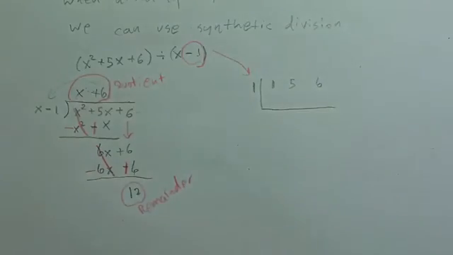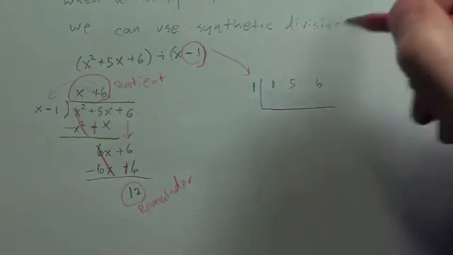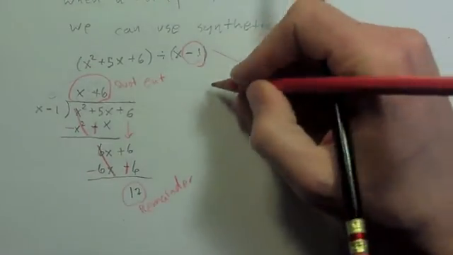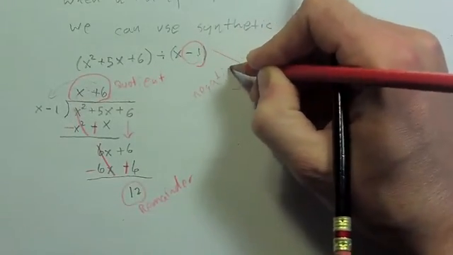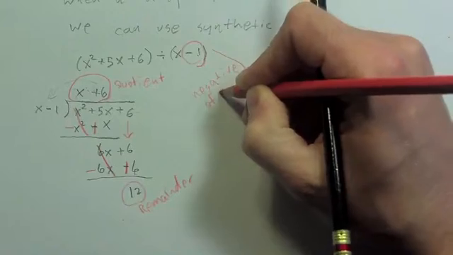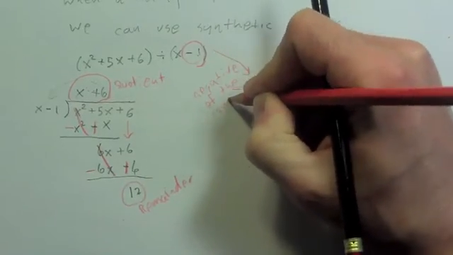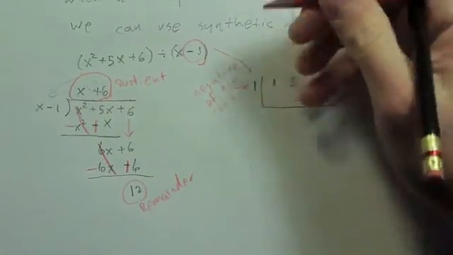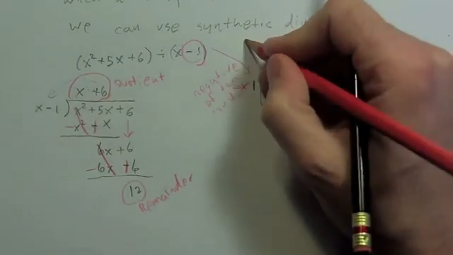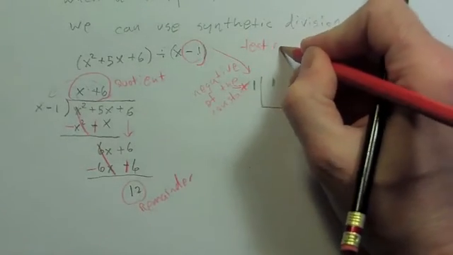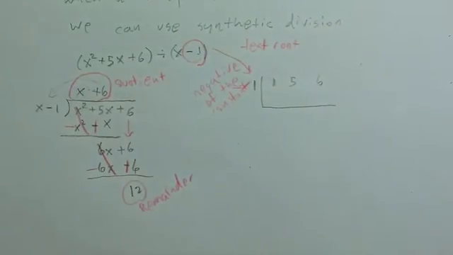The test root is what we would call it. So this is actually the negative of the constant, or the test root.